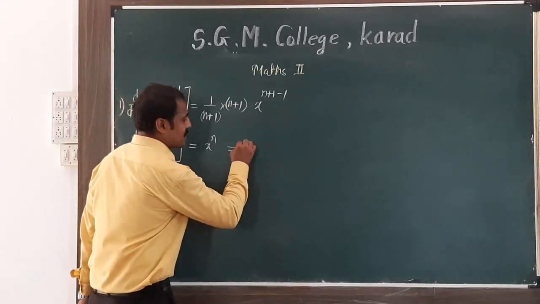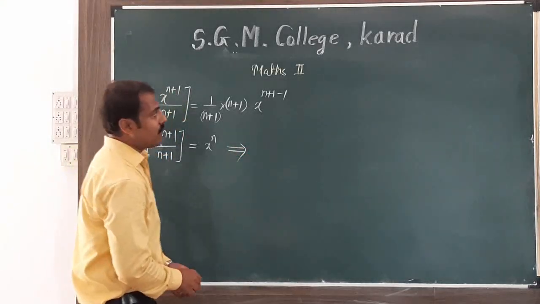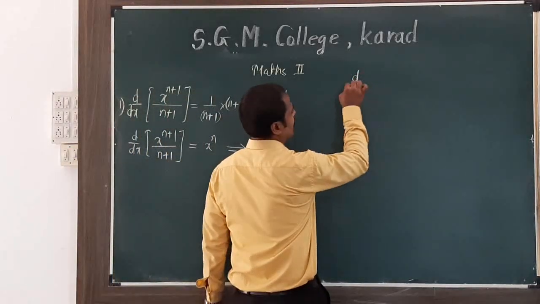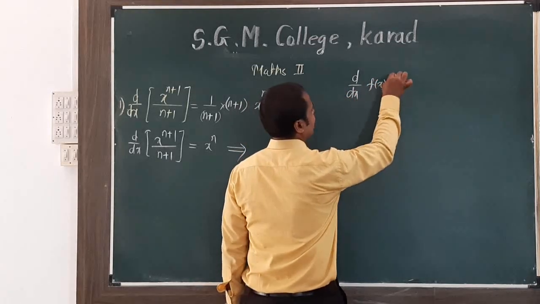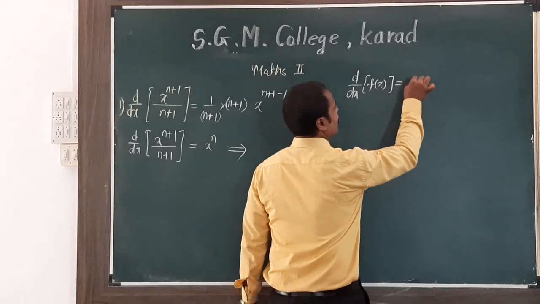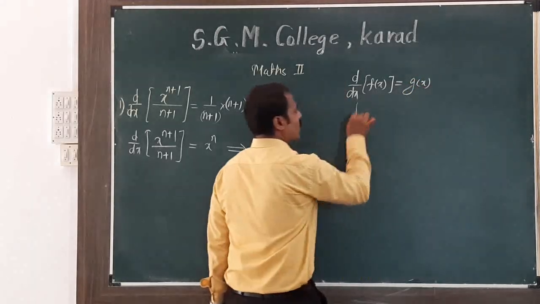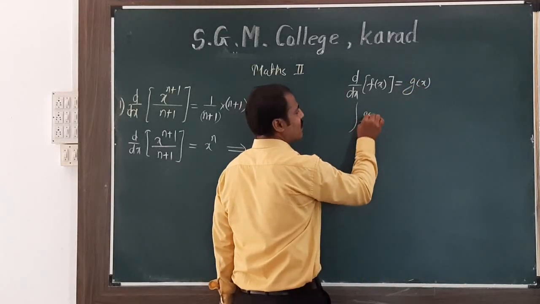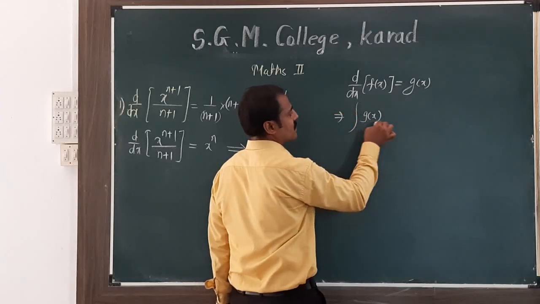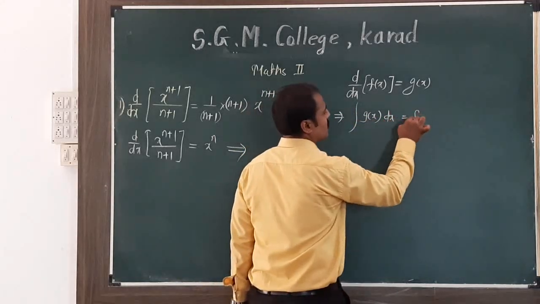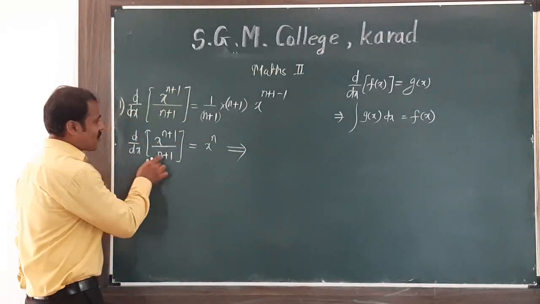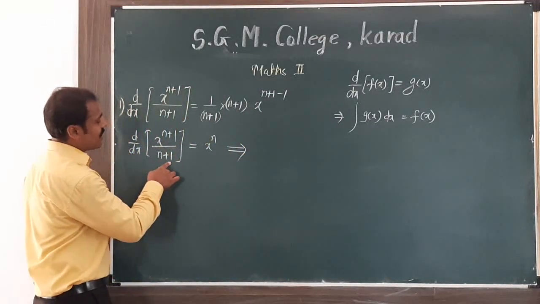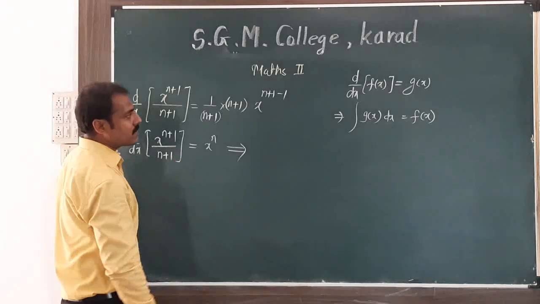This implies, from our definition, which definition? d/dx of f of x is equal to g of x, then we say that integration of g of x dx is equal to f of x. So d/dx of x raised to n plus 1 divided by n plus 1 is equal to x raised to n.